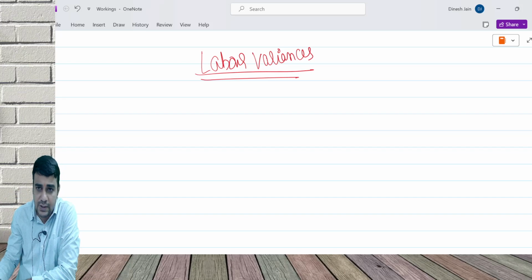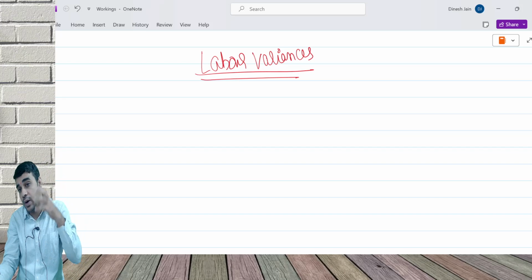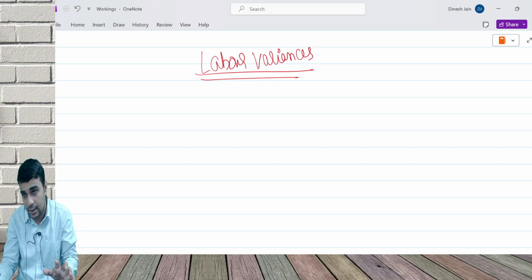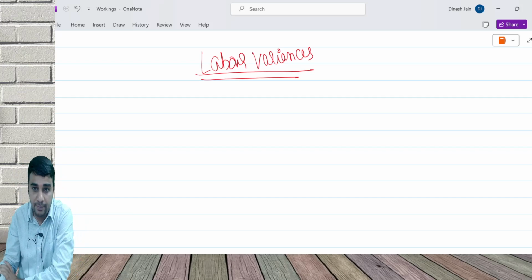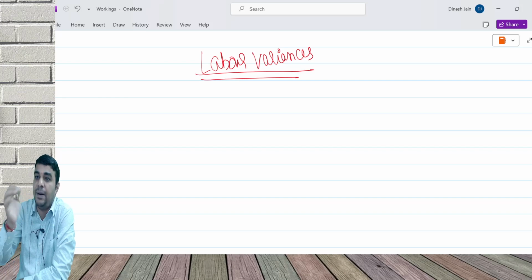Labor also we have the same category: single labor, multiple labor. But there's one add-on. In a labor variance problem, you can have two types of question: one with idle time, second without idle time. What is idle time? It is time for which workers are not doing any work but still getting the payment.